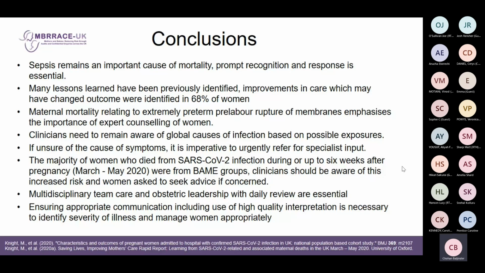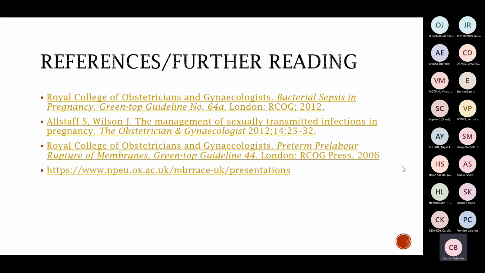So yes, it's all very somber. I am very sorry, but I think it's really important. We think about sepsis, and it's in the public eye a lot more. But I think we get a bit too complacent about it because we probably overdiagnose it in our patients, which is good, so we've got a lower threshold.